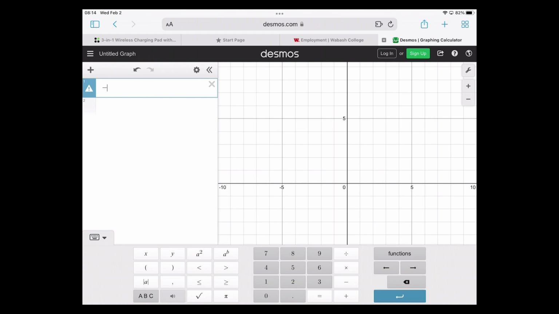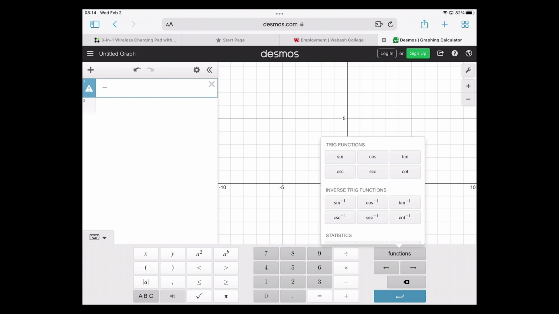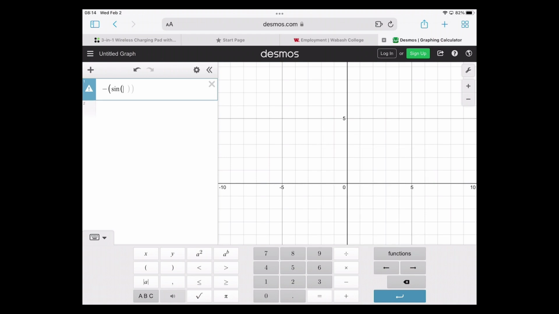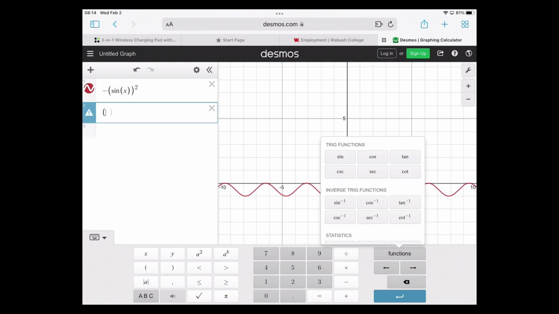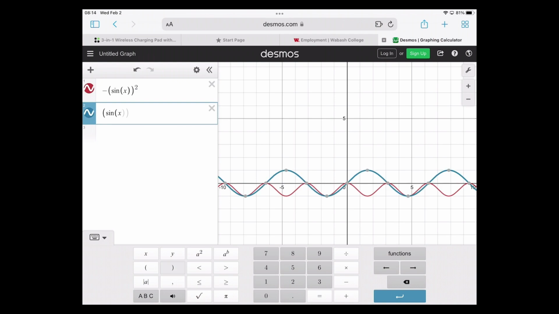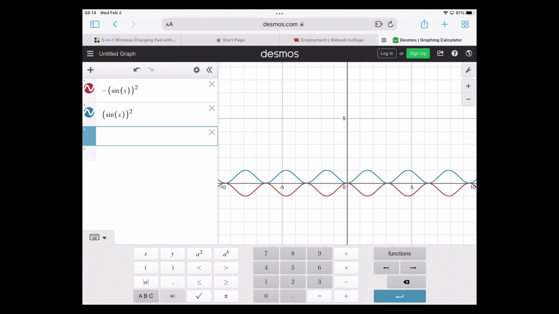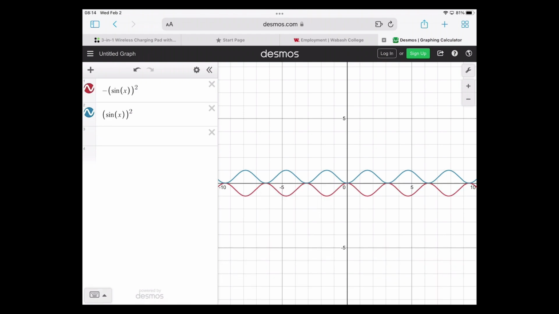All right, so we need negative, well, I need a parenthesis, then sine of x, and then two parentheses, and then I need to square it. Okay, so there's that function. And then I also need sine of x squared. Okay, so we got those two guys. And then I also need, well, I'll put the function in question here in just a minute.